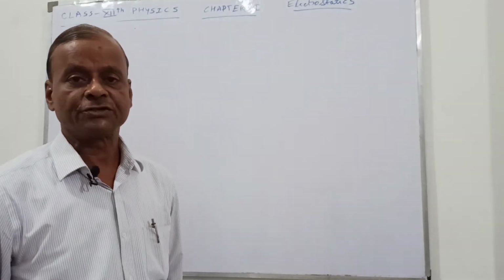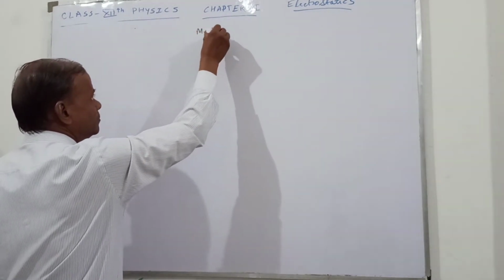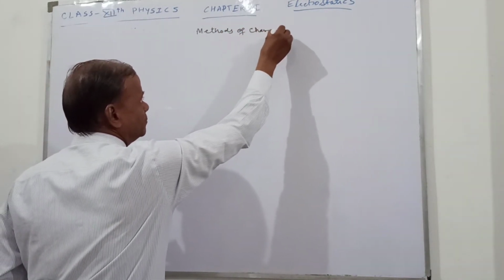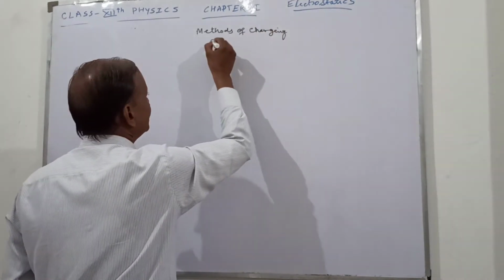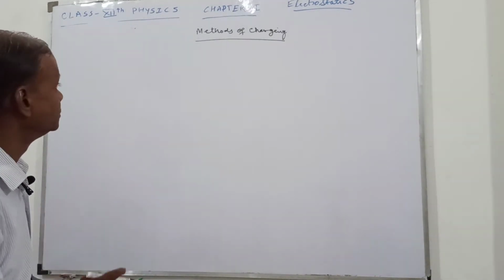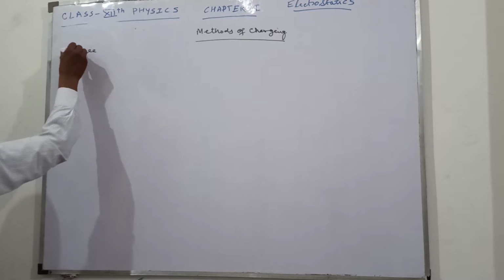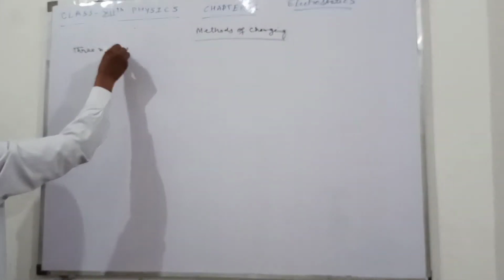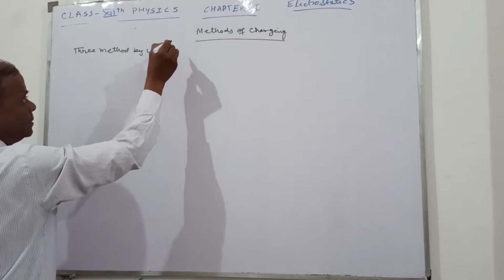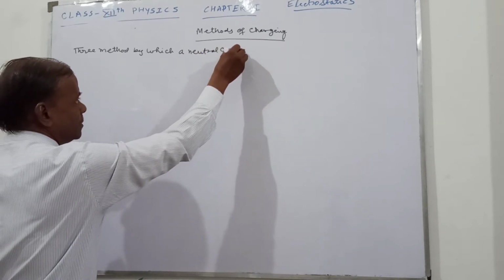Now today, the methods of charging a body. There are three ways by which a neutral body can be charged.